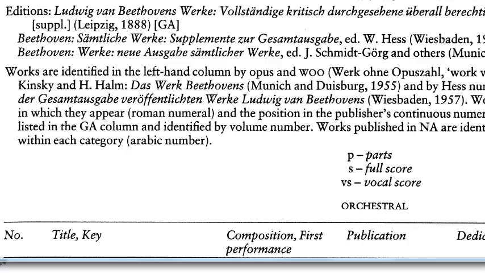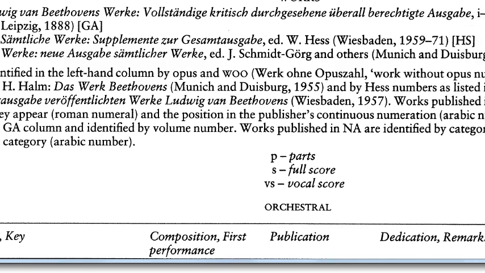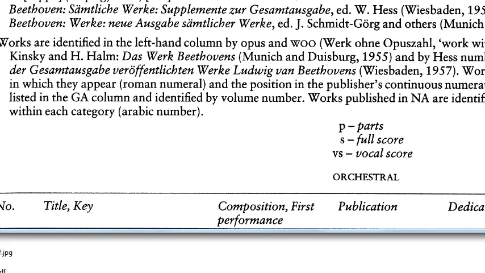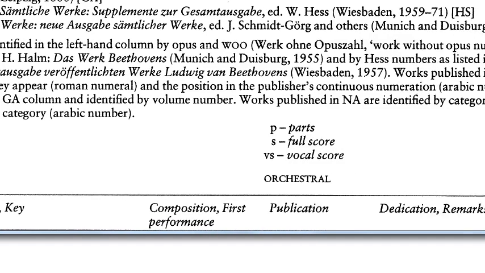Three editions are listed at the beginning of the works list. First, the original 19th century edition with a long German title, abbreviated as GA for Gesamtausgabe. Then, a later supplement to the Gesamtausgabe, abbreviated as HS for the editor Hess.